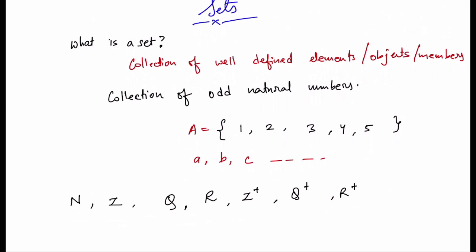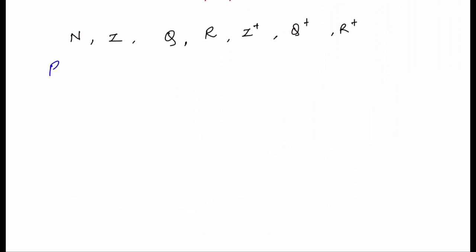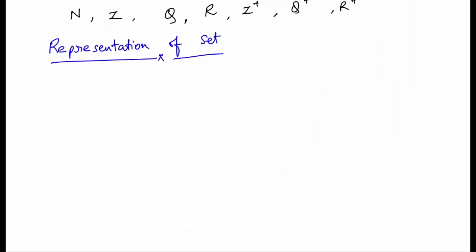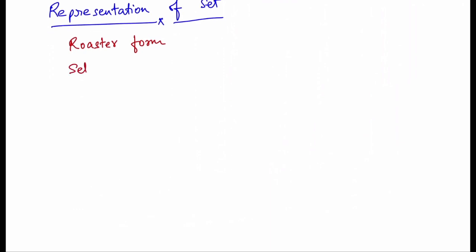Next we will move on to the representation of set. Okay. Now we can represent a set in two forms, or we can say there are two methods of representation. The first method is roster form, and the second method is set builder form.